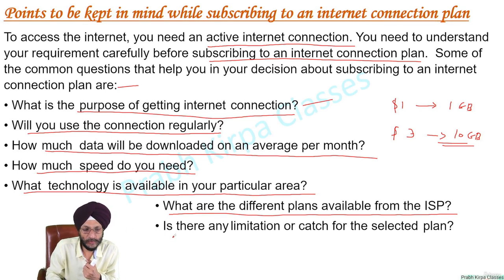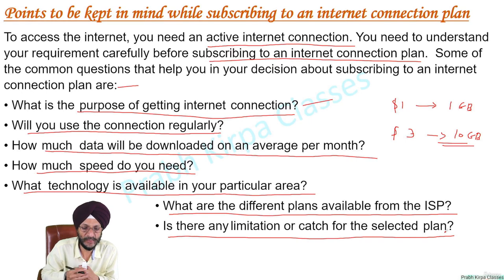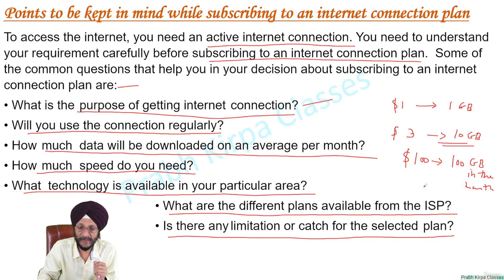Then we also have to see whether there is any limitation or catch for the selected plan. It is also possible that you have purchased an internet connection for, say, $100 and they say that they will provide you 100 GB in the month. But there may be a rider that you cannot use more than 3 GB per day. This is the limitation.